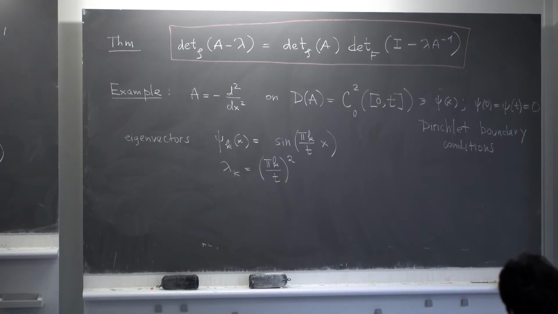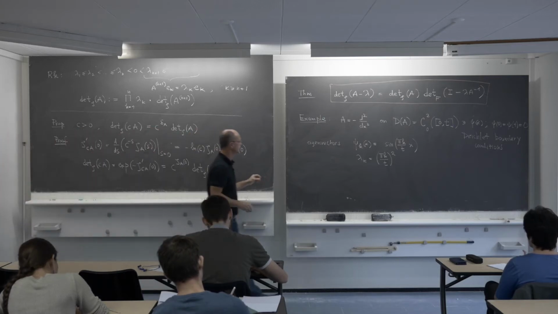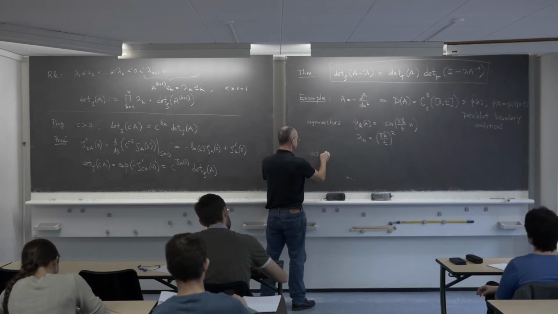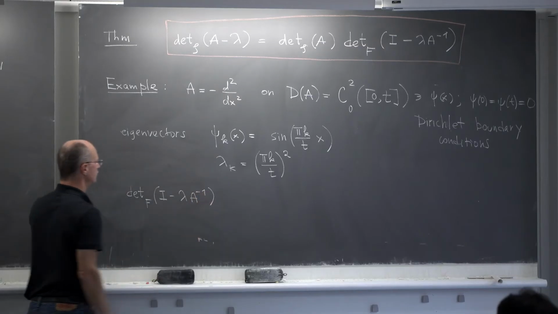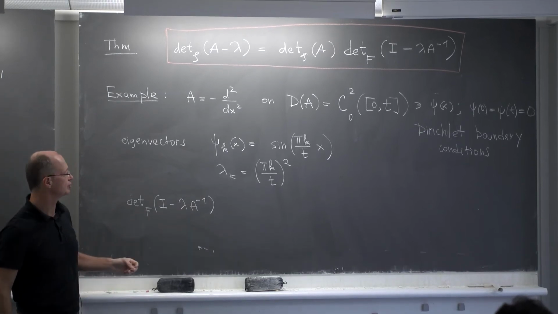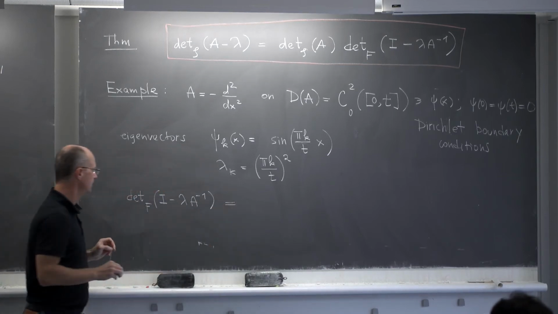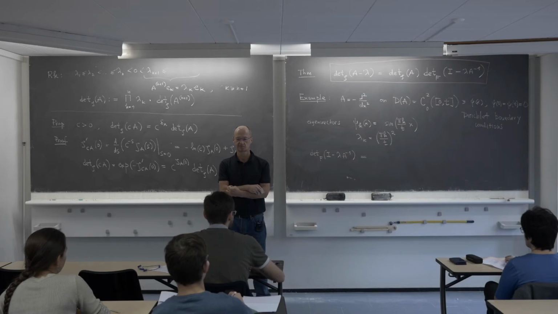Okay. So maybe we start with the Fredholm determinant of 1 minus lambda A inverse. Of course, this A is invertible, right? By the way, maybe a test question. How do you write the inverse? So just to check whether we still remember the Wednesday class.